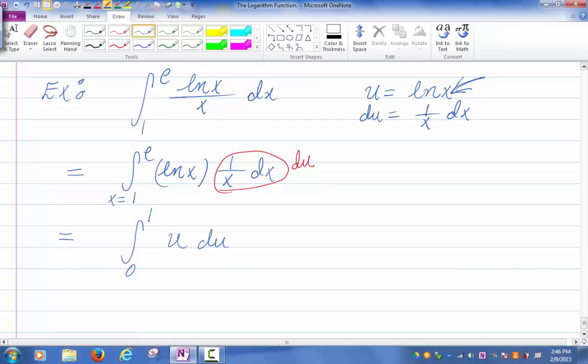So the upper limit would be 1. And this would be u squared over 2, from 0 to 1, and this would be exactly half at the end. Are we all okay with that?